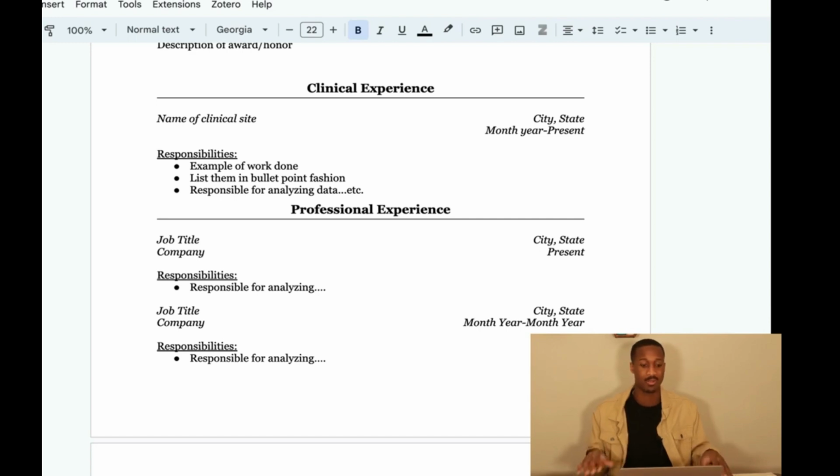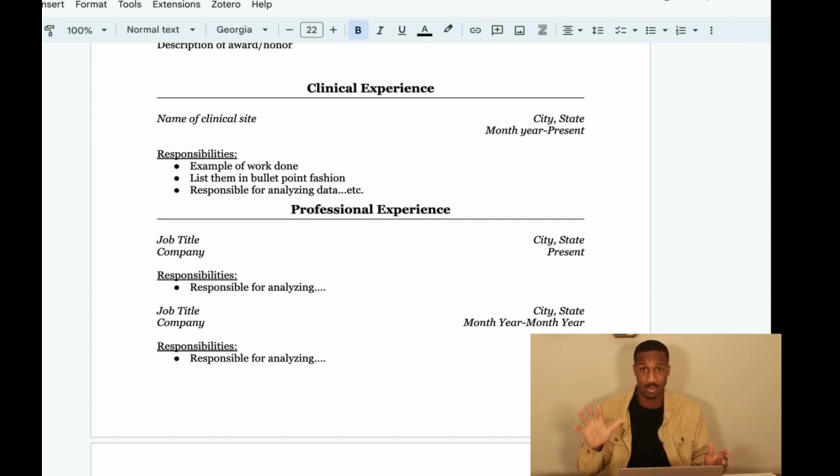The next thing is going to be clinical experience, and this is where it might get a little complicated, because a lot of people ask, oh my gosh, should I put that I was a delivery driver? Should I put that I worked at Hollister? Should I put the job I had in high school? Listen, you want to filter for the things that make the most sense, right? I would not put that you worked in retail. I would not put that you worked as a delivery driver.